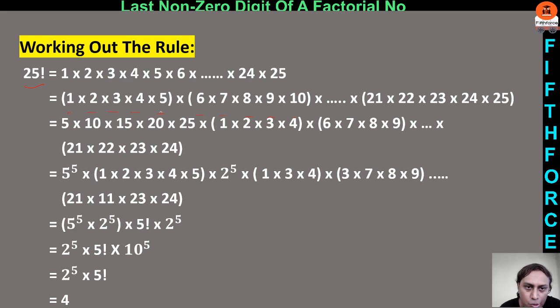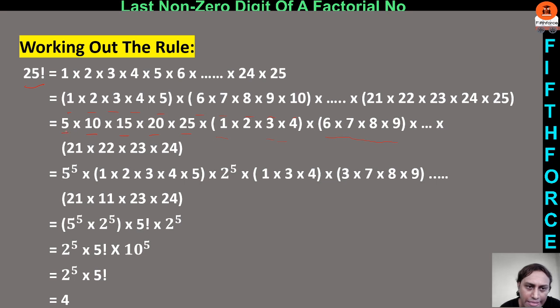So from each group you take out the multiple of 5. 5 from the second group, 10 from the third group, 15 from the fourth group, 20 from the fifth group, 25, right? So the remaining numbers are, the first group is 1 into 2 into 3 into 4 into 5, है ना? The second group is 6 into 7 into 8 into 9 and so on.